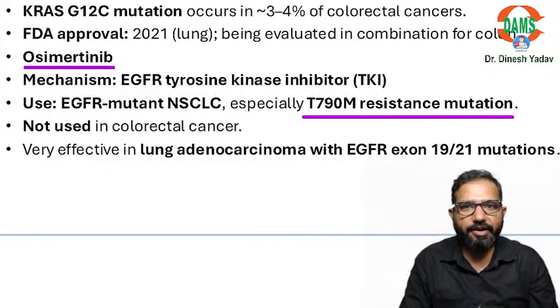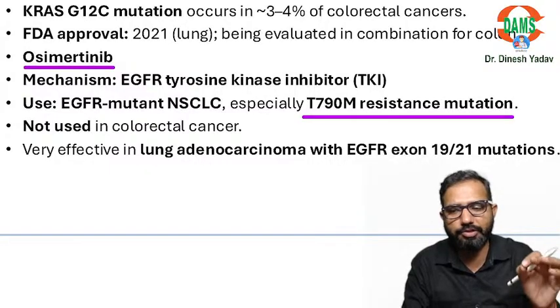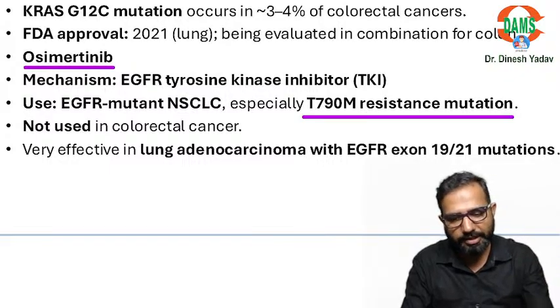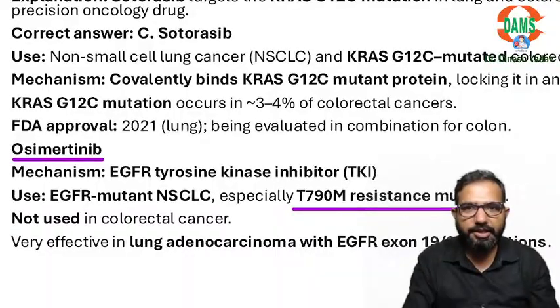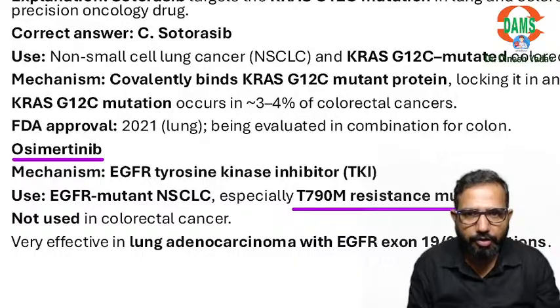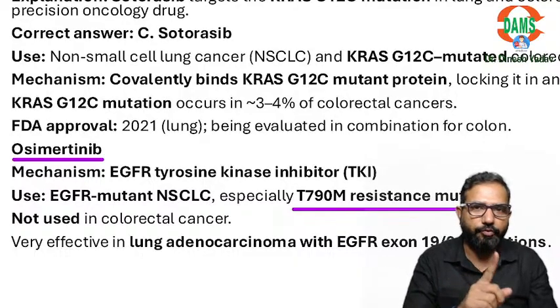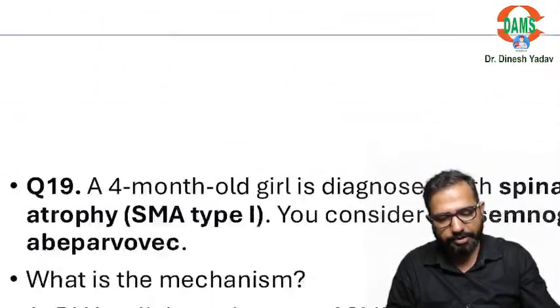Osimertinib: EGFR tyrosine kinase inhibitor, EGFR mutant non-small cell lung cancer. Don't forget the T790M resistance mutation. But the KRAS inhibitor sotorasib is approved for non-small cell lung cancer and is also used in colon cancer, for the KRAS G12C mutation. So don't forget sotorasib. Okay, so this is important guys.